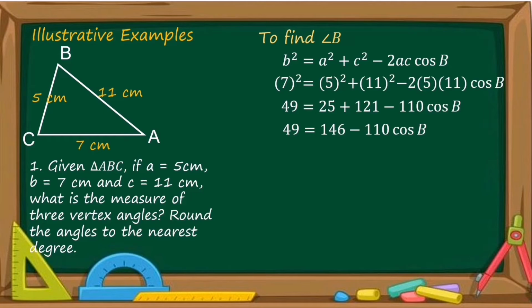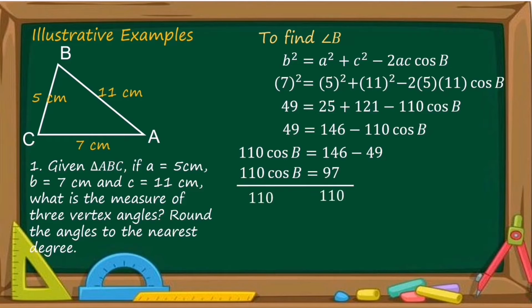By addition property of equality, our equation will now become 110 cosine B is equal to 146 minus 49. Getting the difference on the right side of the equation, it will become 97. Dividing both sides by 110 to eliminate 110 on the left side.